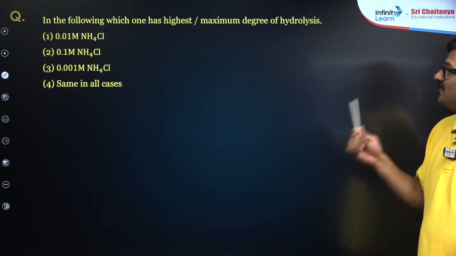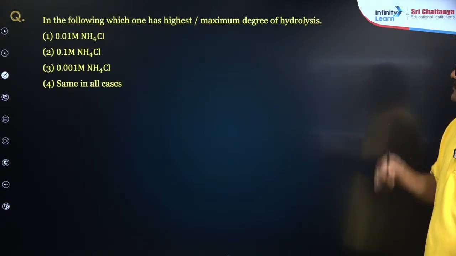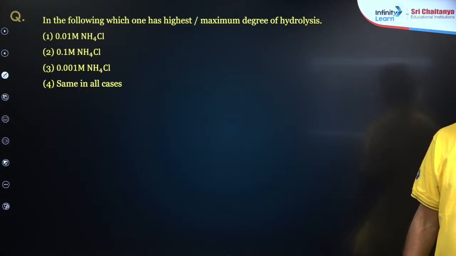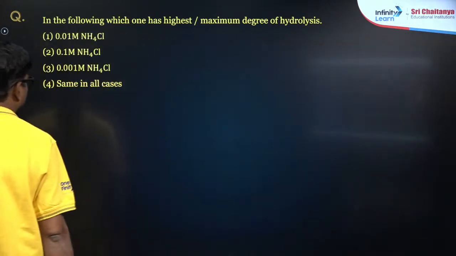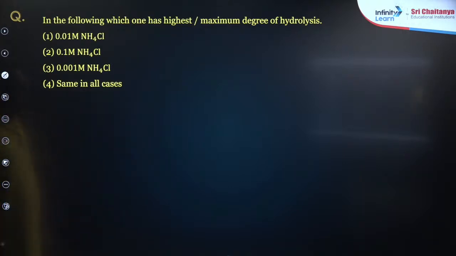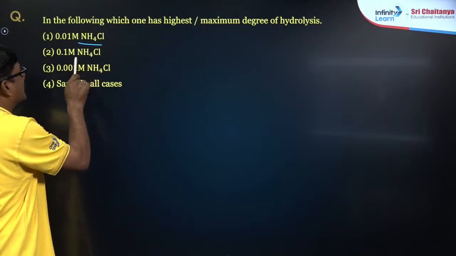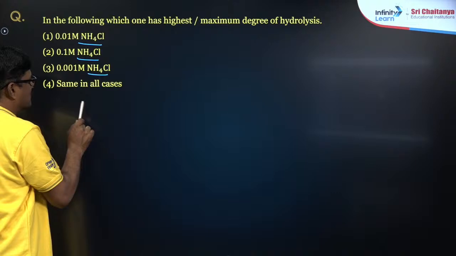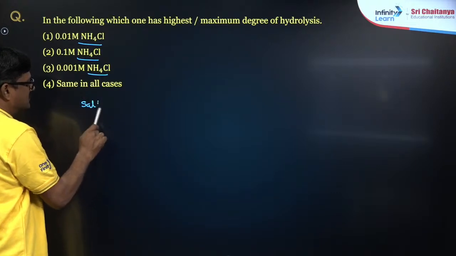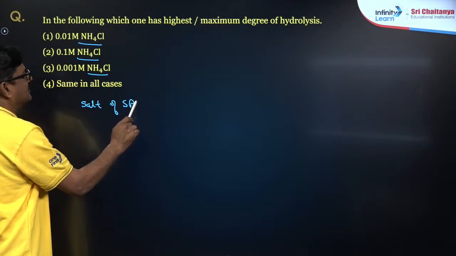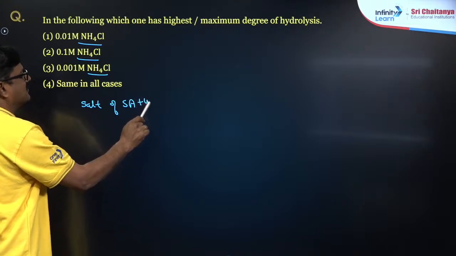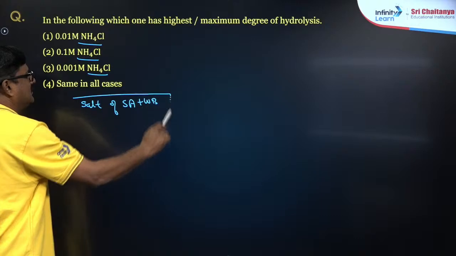Now, in the following, which has the highest maximum degree of hydrolysis? Highest degree of hydrolysis. Ammonium chloride. It's a salt of strong acid and weak base. है ना?